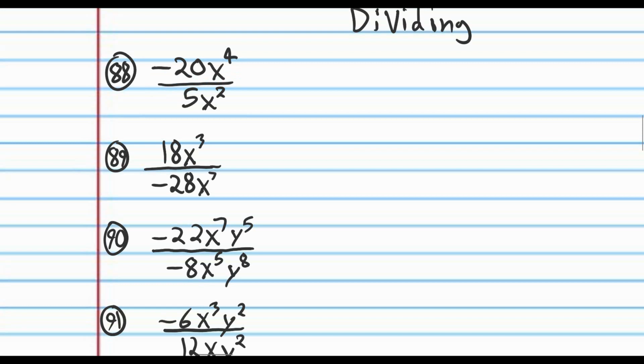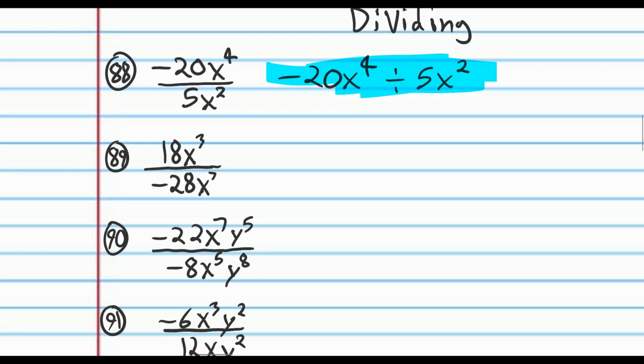So what this means is you're taking negative 20x to the 4th power and you're dividing by 5x to the 2nd power. So it's just the same thing. And you can write it in this notation, that's fine, but it's more common to see it in this notation, so we're going to write it in the more common notation.